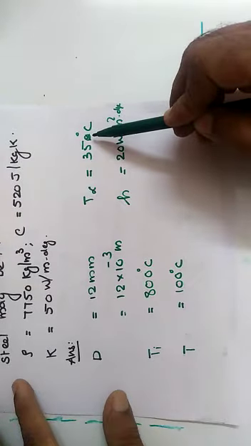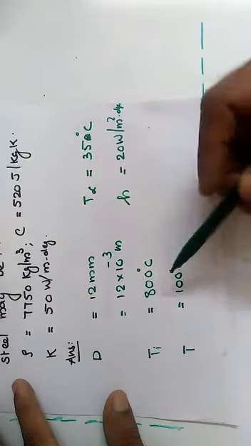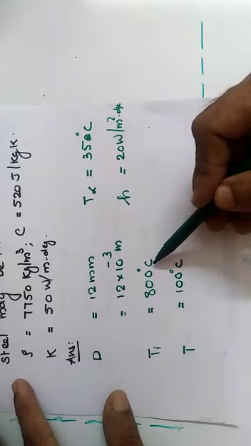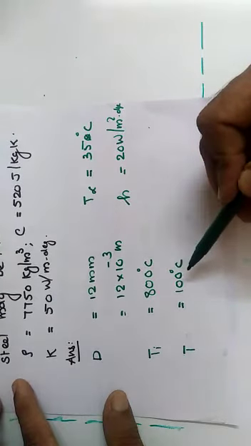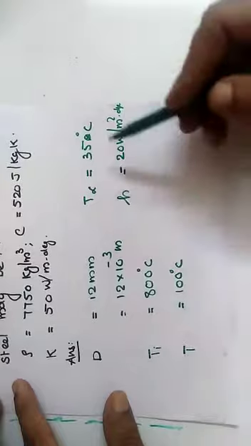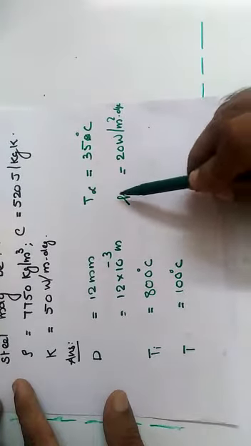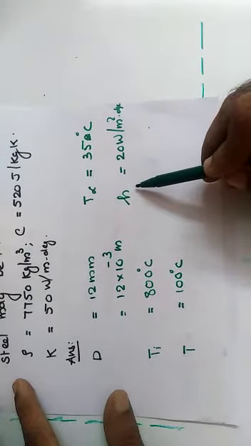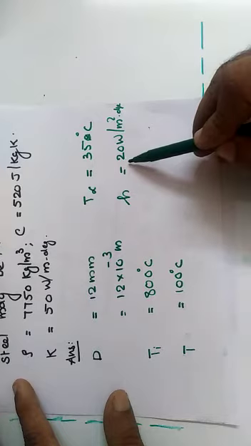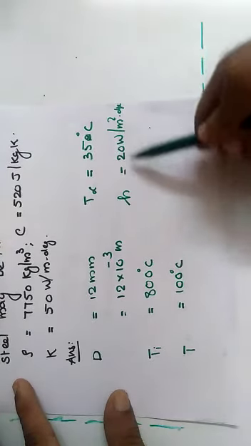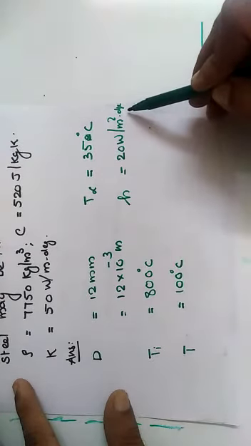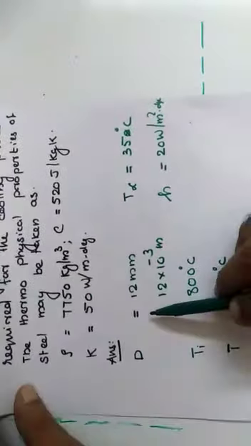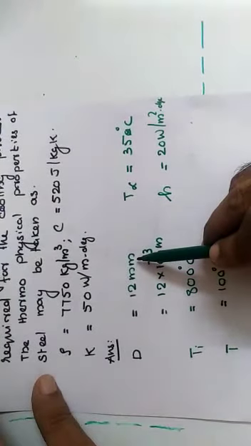The problem is, what is the time required to bring down the initial temperature 800 degrees Celsius to 100 degrees Celsius in this particular setup? The heat transfer coefficient h between the metallic body and the oil is 20 watt per meter square degree. The diameter of the steel ball is given as 12 mm.